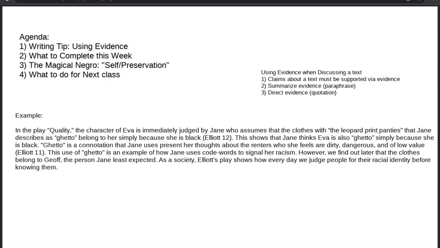The key part is remembering that if you're providing me a quote, that is something where you have to then explain to me what the quote means. Whenever you're directly quoting from a text, you have to explain to me how that defends your claim, how that proves what you say about the text.